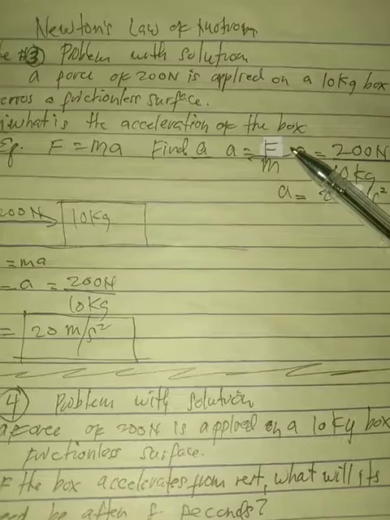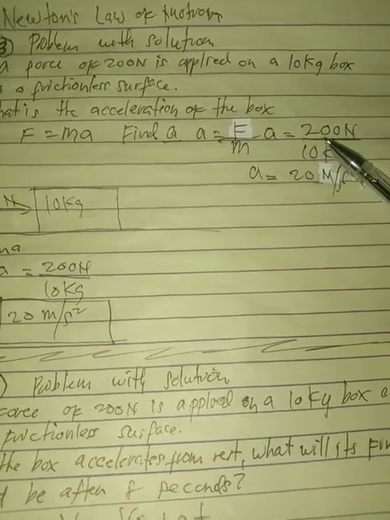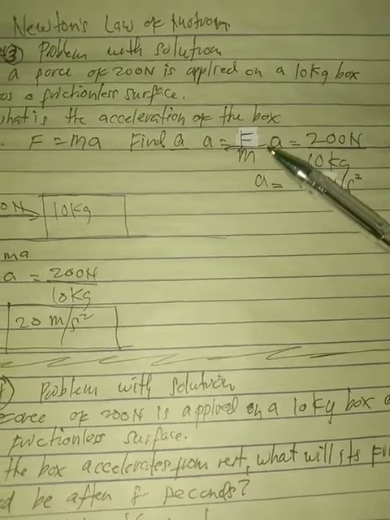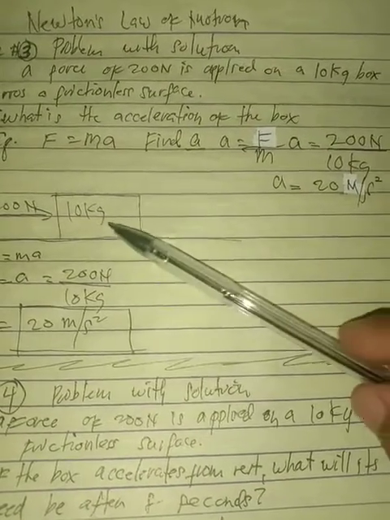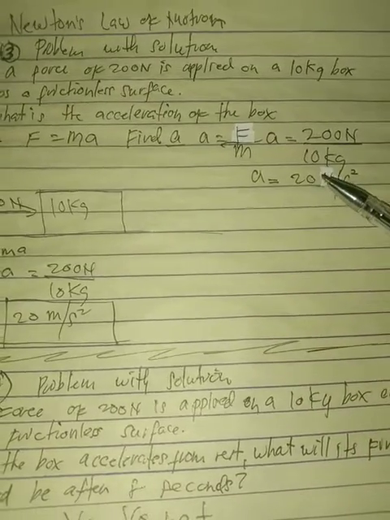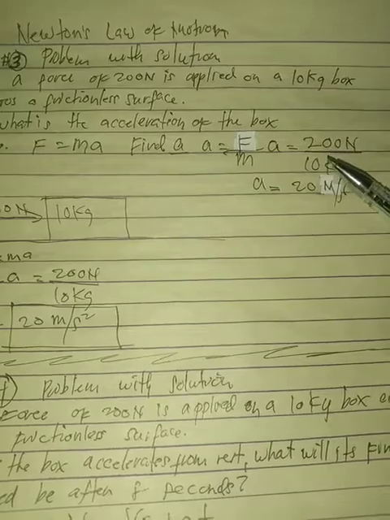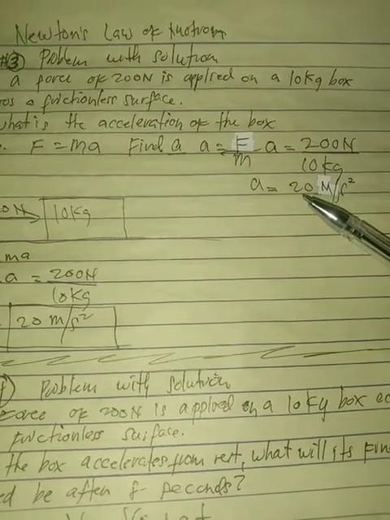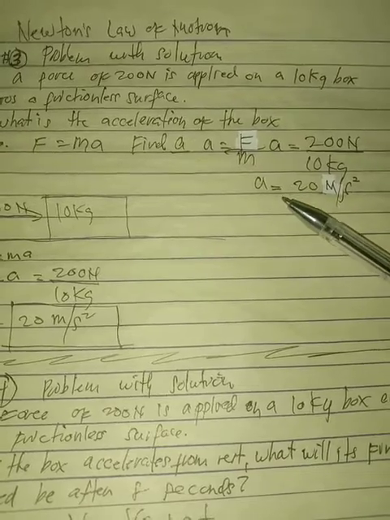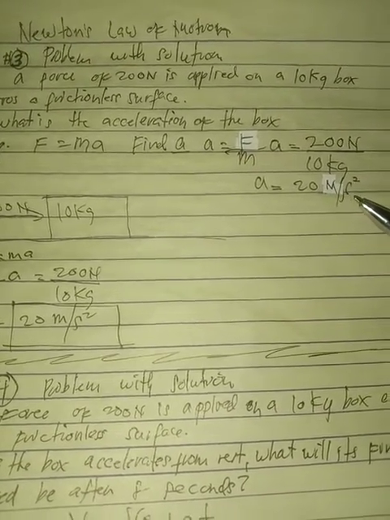Our force here is 200 newtons, and our mass is 10 kg. We divide 200 newtons by 10 kg, so we get the value of acceleration. Acceleration is equal to 20 meters per second squared.